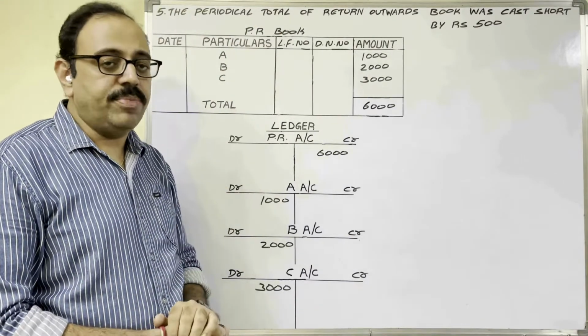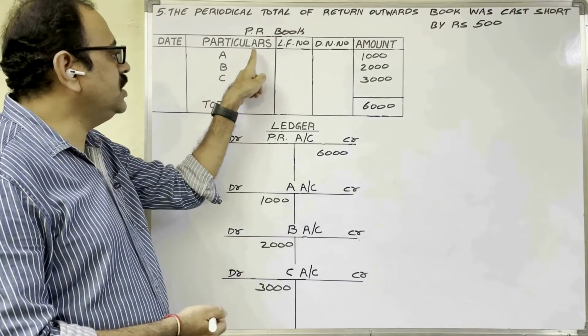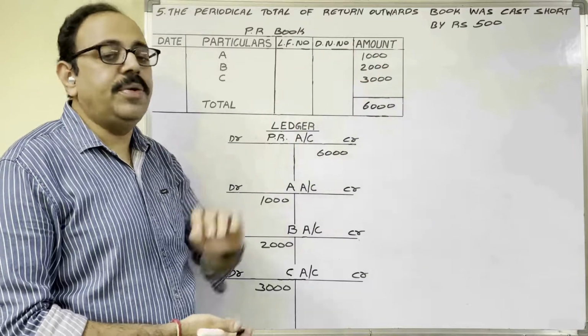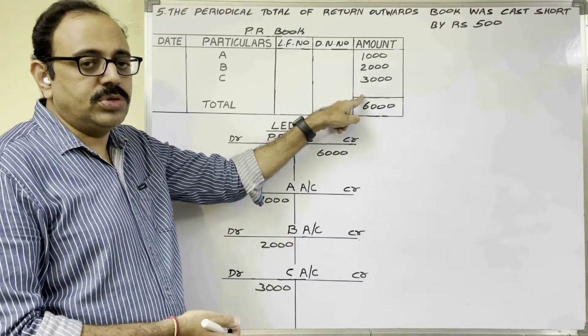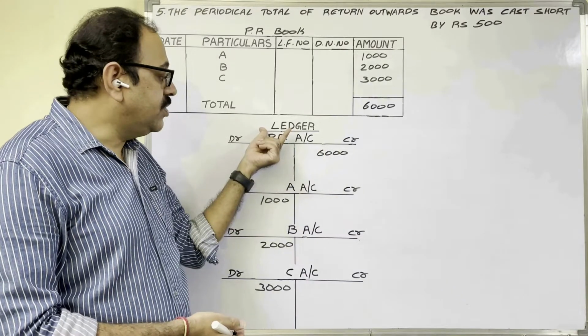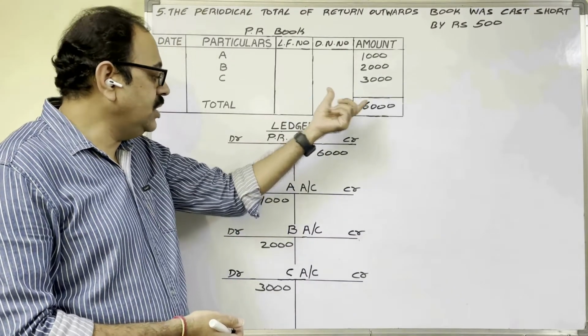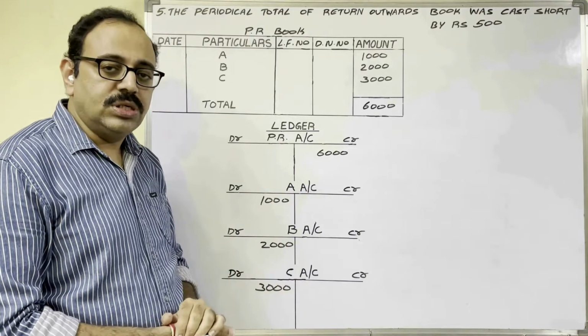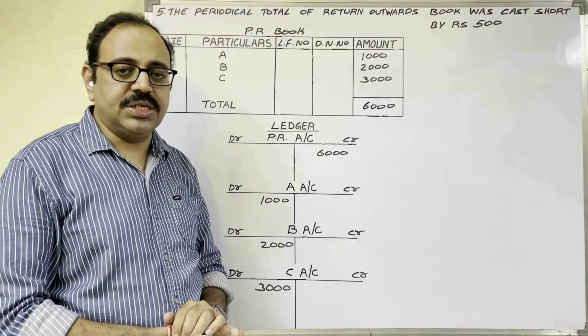Purchase returns book format: date, particulars, ledger folio number, debit note number and amount. These are the returns amounts. Total 6,000 rupees. In the ledger, the firm should post this transaction in the purchase returns account and suppliers accounts. Purchase is an expenditure.